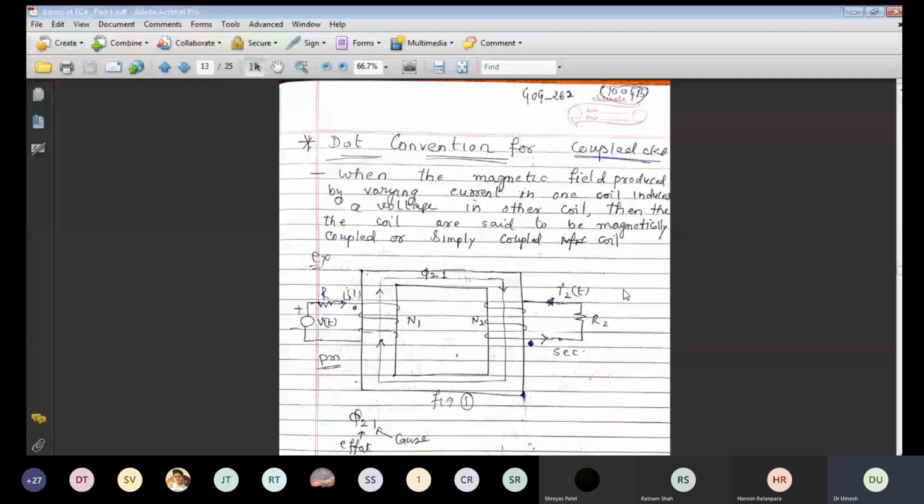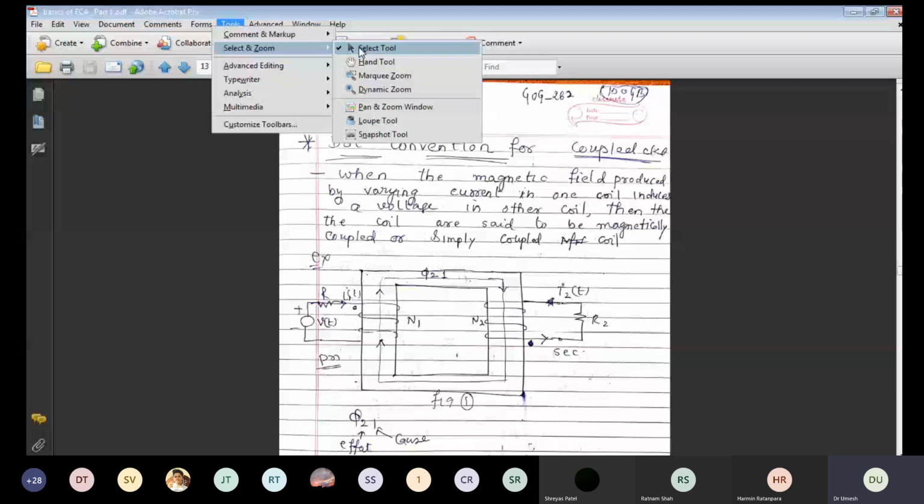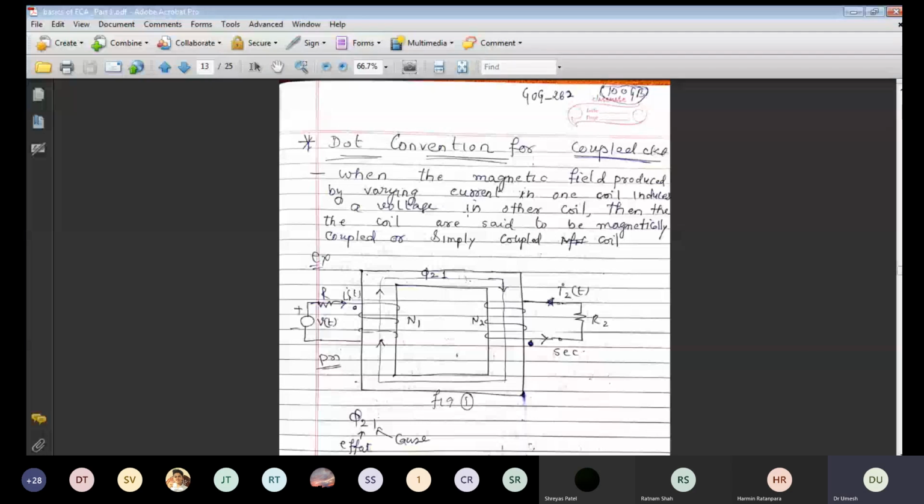Now when we say these two windings, winding number 1, that is N1, and winding number 2, that is N2, are both connected magnetically.